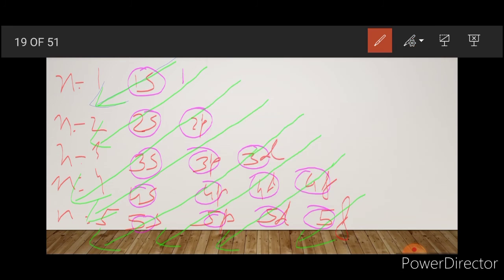In the manner in which we have cut it, now we have to write it. First, what we have cut, 1s, comma, then next is 2s, 2p, 3s.